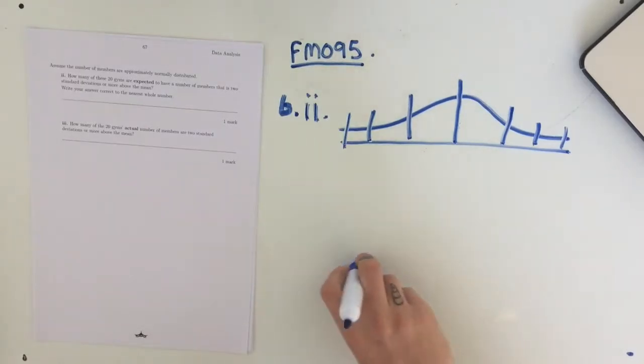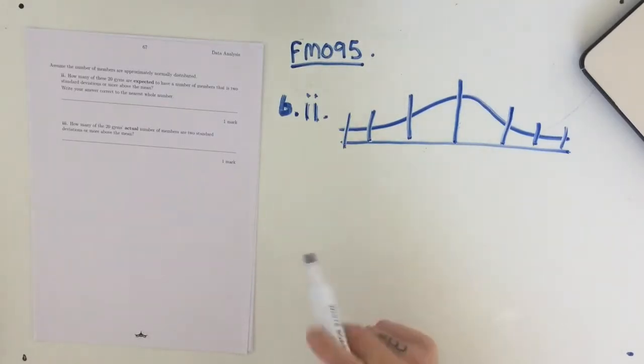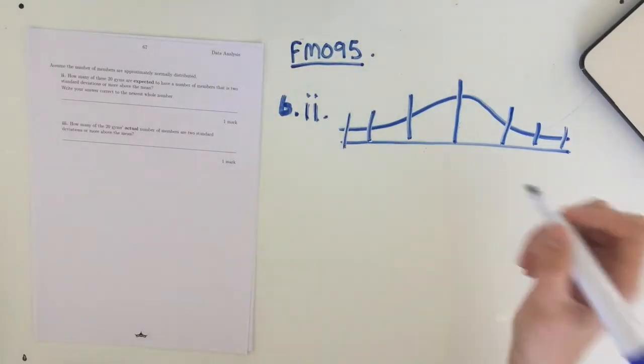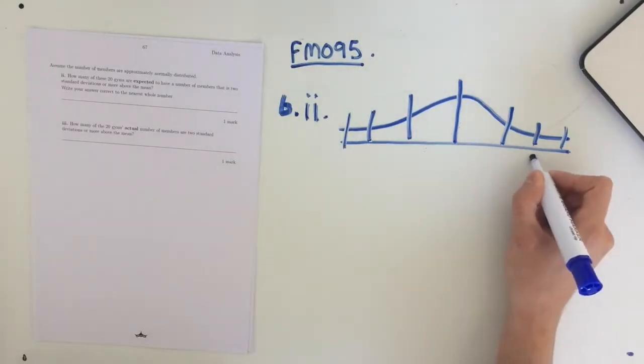So what they're asking is how many are expected to be 2 standard deviations or more above the mean. That's above this point here.